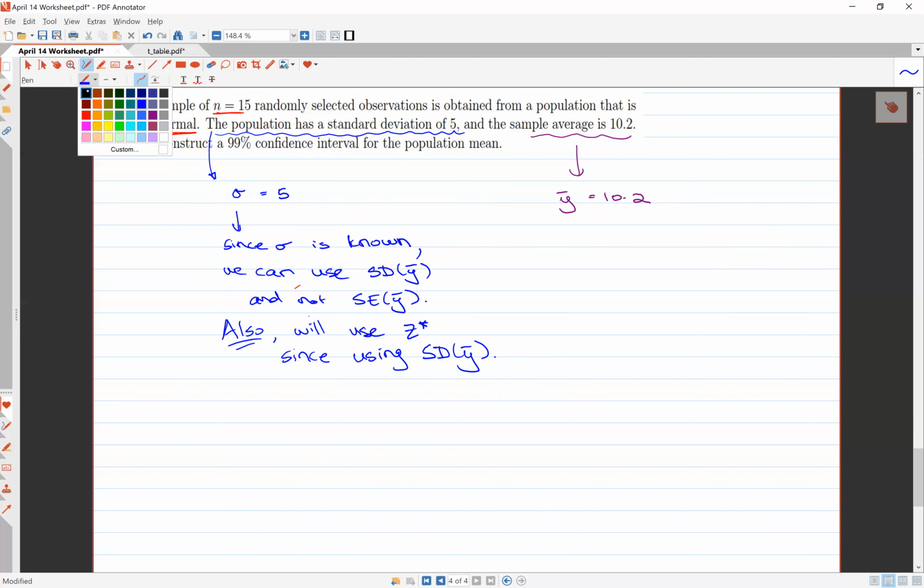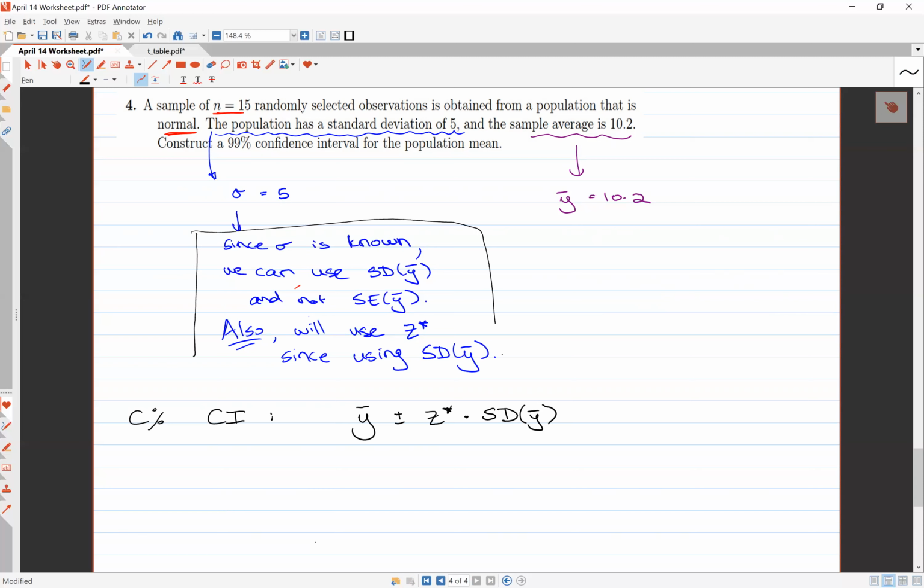So what the confidence interval formula now looks like, this was not explicitly written down in the notes yesterday, so this is a good concept to take note of, is it'll be y bar plus or minus Z star times the standard deviation of y bar. Because of these reasons I just discussed.